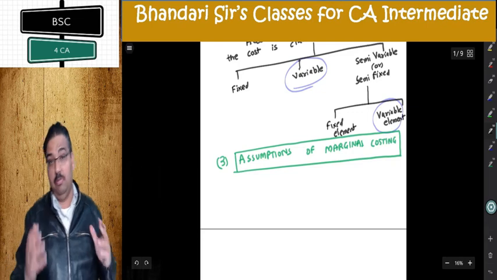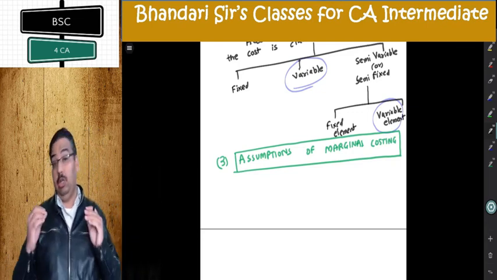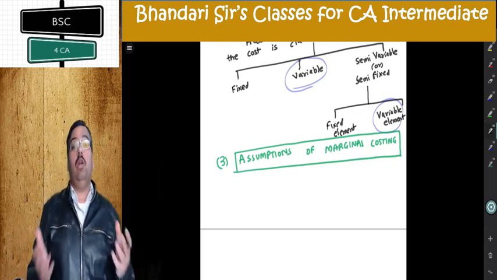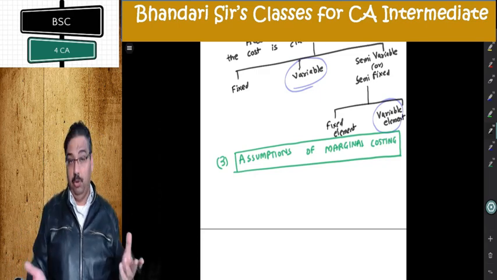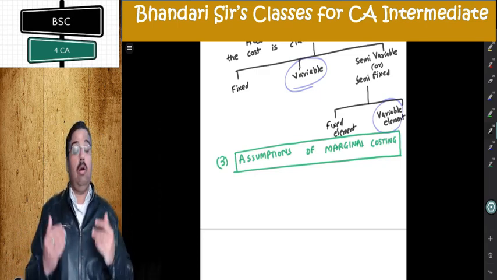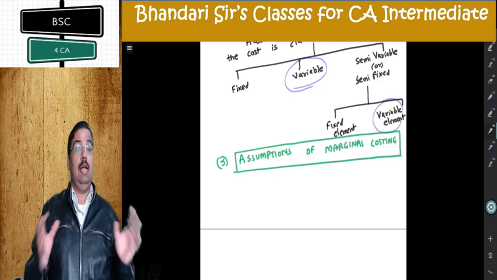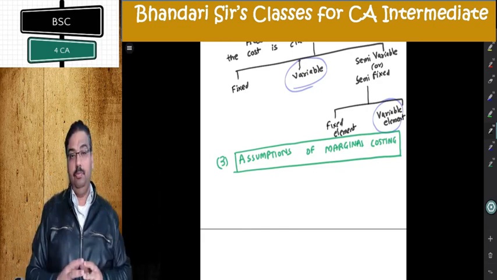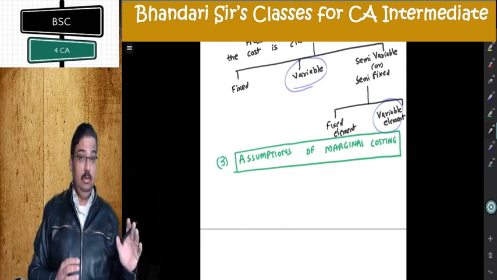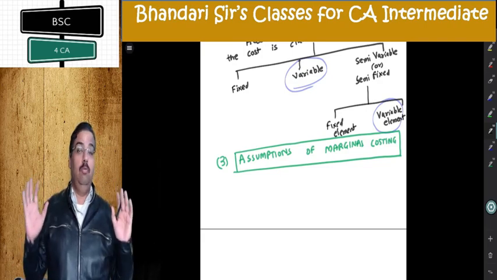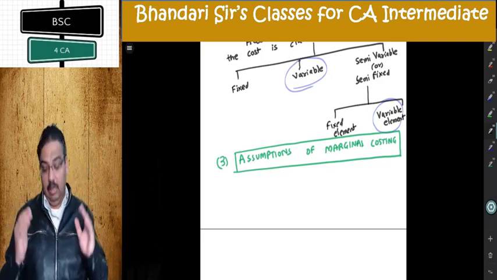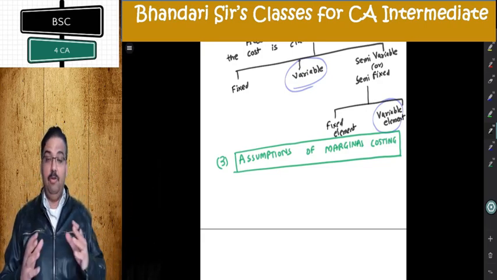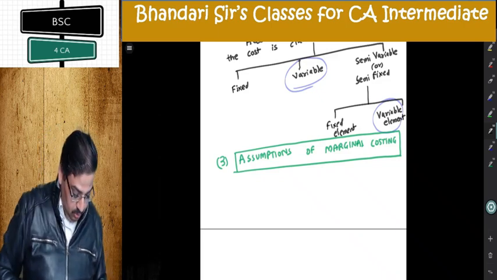What are the two assumptions? Fixed cost in totality will not change as a result of change in output. Variable cost per unit will not change as a result of change in output. Variable cost per unit and fixed cost total will remain constant. They are the two broad assumptions of marginal costing.